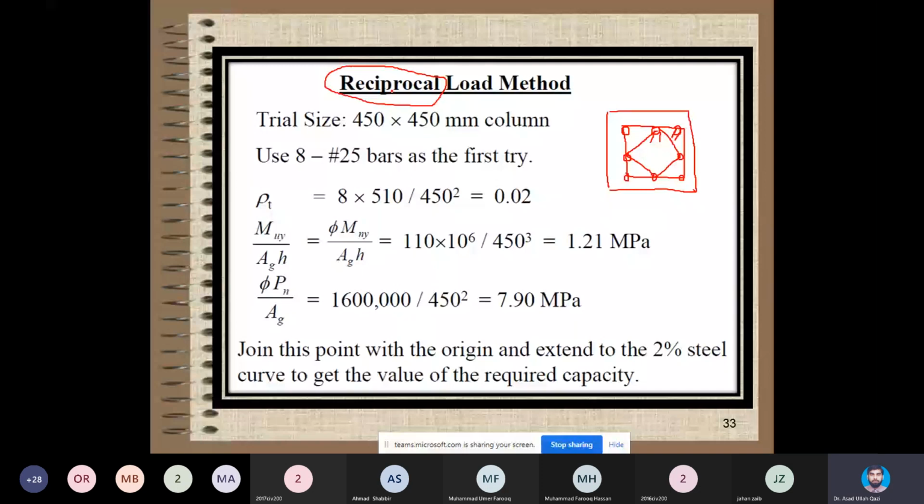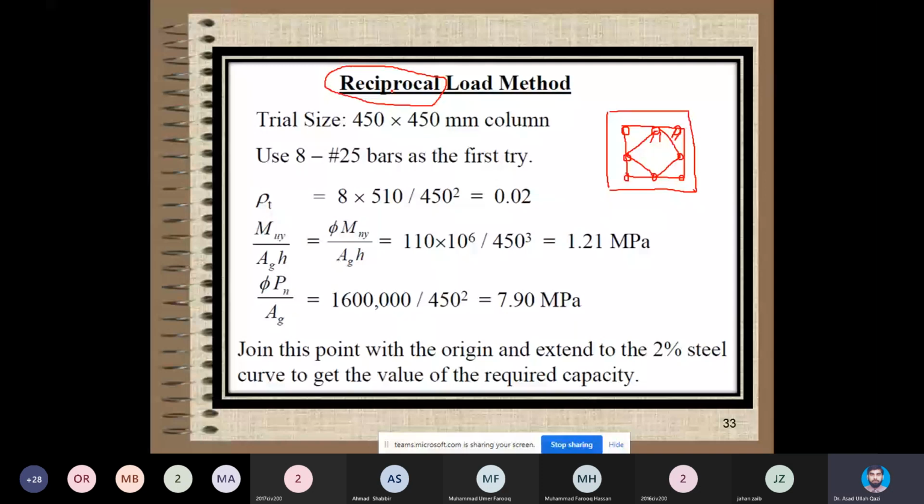So in this way we have two options, that once you are in this approximate method, I recommend you to start your problem, always start with 2% reinforcement ratio.